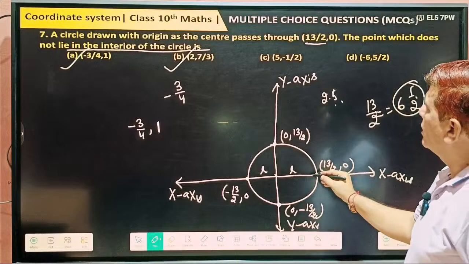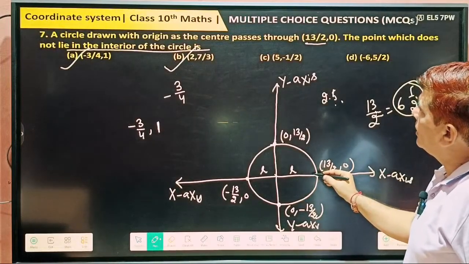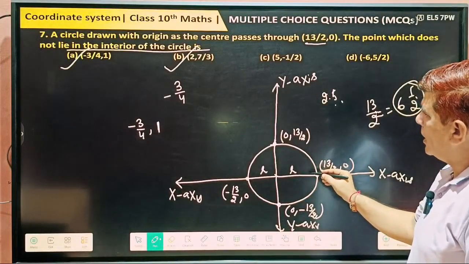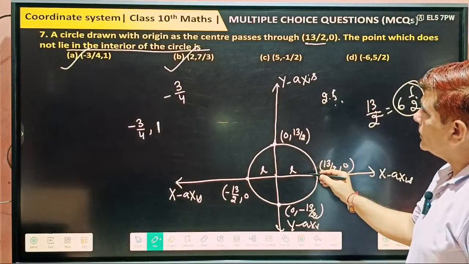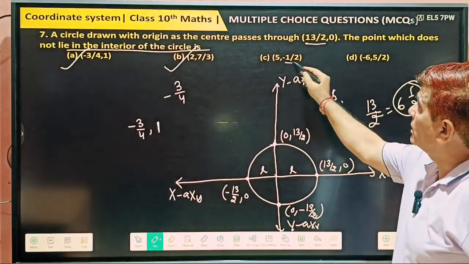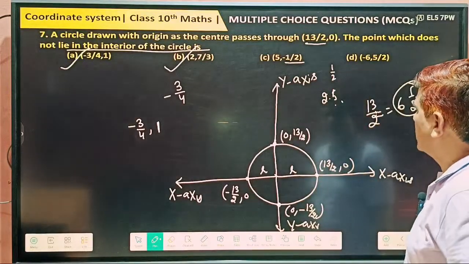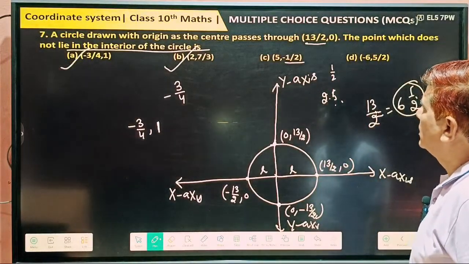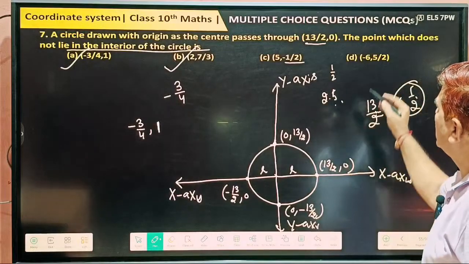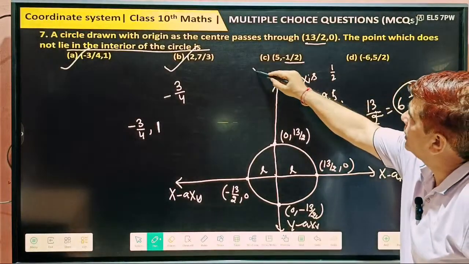So it is lying here, and minus 1 by 2. What is minus 1 by 2? This is 1 and a half, minus 1 and a half. This we have taken. And then this point is also in the interior of the circle.